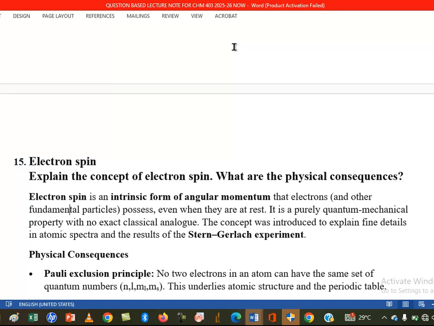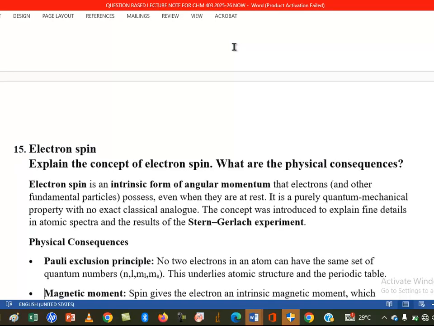Remember, we said that earlier when we were describing the Stern and Gerlach experiment. It is an intrinsic form of angular momentum that electrons and other fundamental particles possess, even when they are at rest.